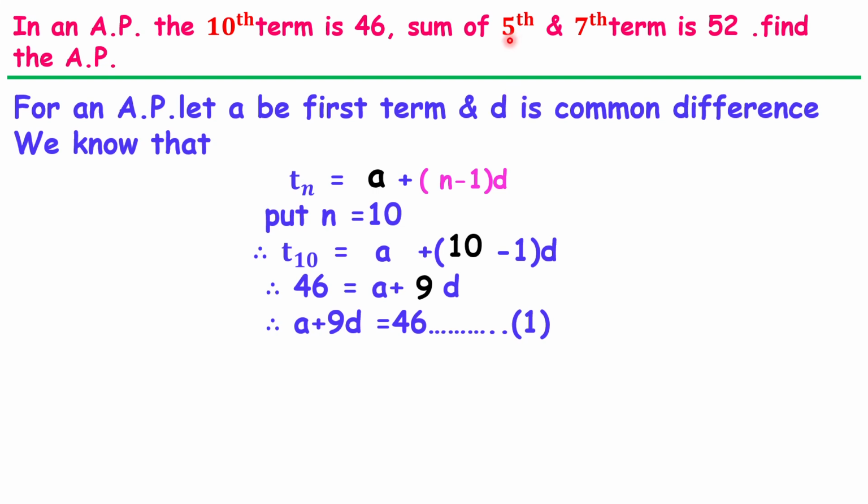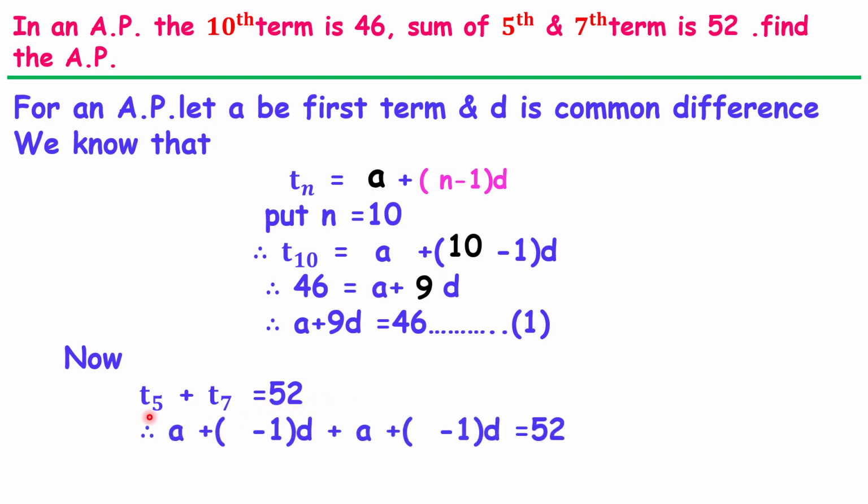Now the sum of fifth and seventh term is given 52. Fifth term is nothing but T5 and seventh term is nothing but T7, sum is equal to 52. T5 is nothing but A plus into bracket substitute value of n.